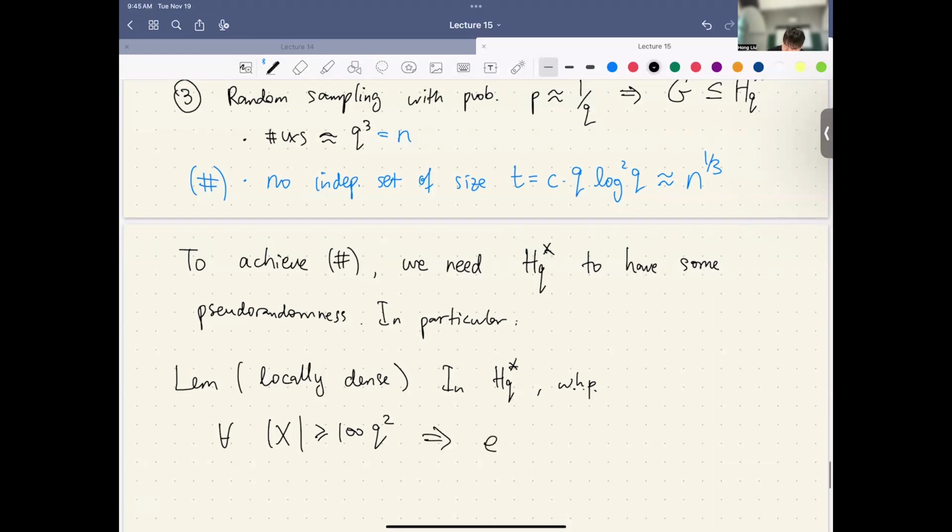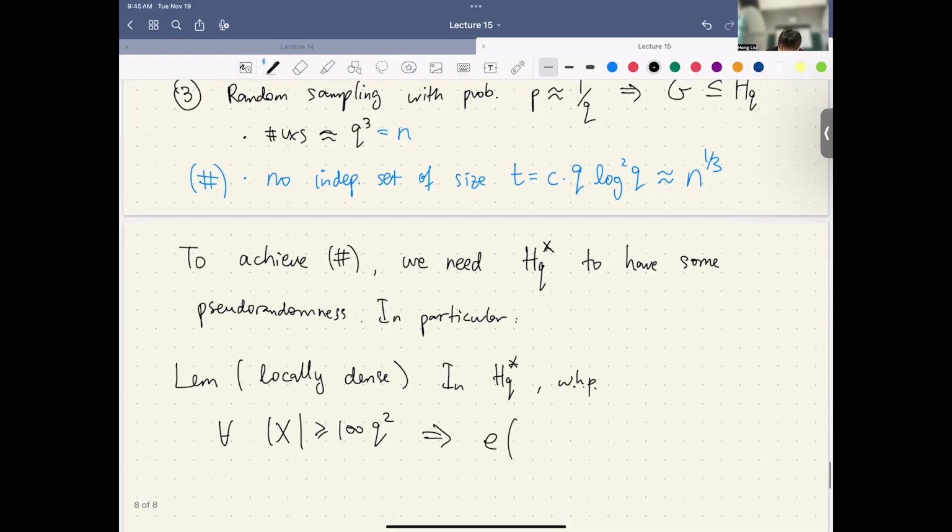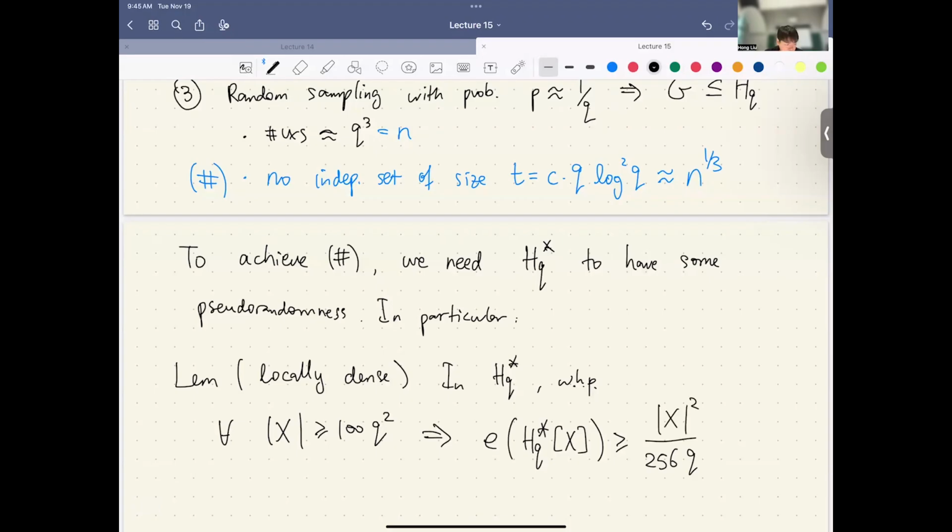The number of edges induced on X is at least some constant times X squared over Q.